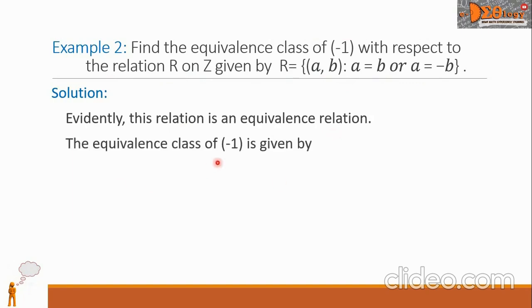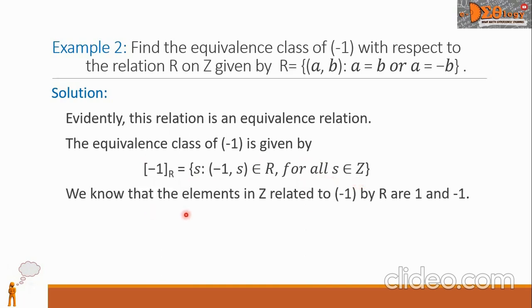The equivalence class of -1 is given by, the symbol is here, equals the elements S such that the ordered pair -1 S is an element of R, for all S an element of Z, the integers.